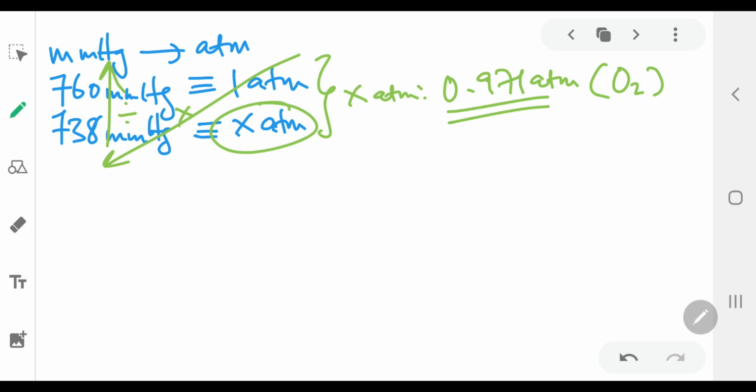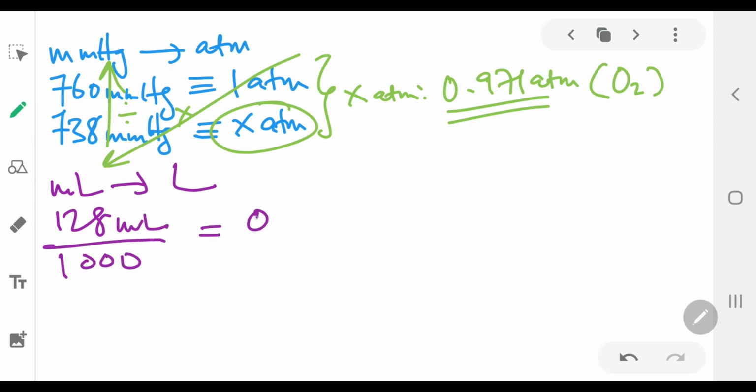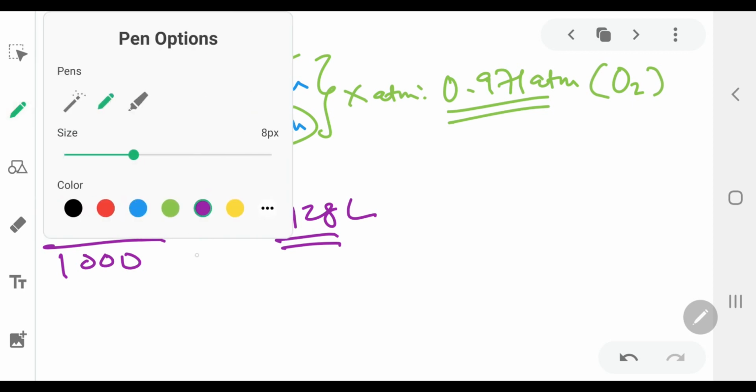Okay, and then now we also have to convert the volume. We have mL, we convert to liter. This one is quite easy. You have 128 mL over 1000, you get 0.128 liter.